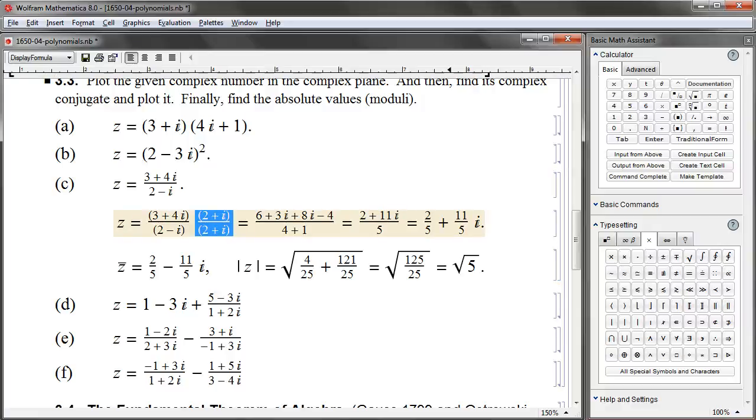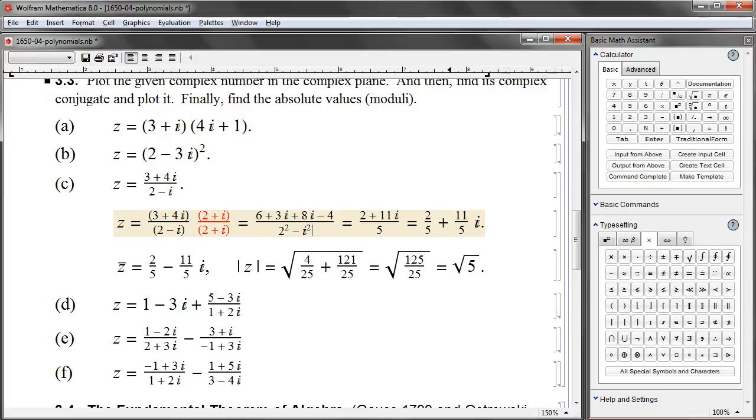And denominator, this is what we are going to get because this is a minus b times a plus b form. So this is actually 2 squared minus i squared. That's what we get. And then the numerator is simple.